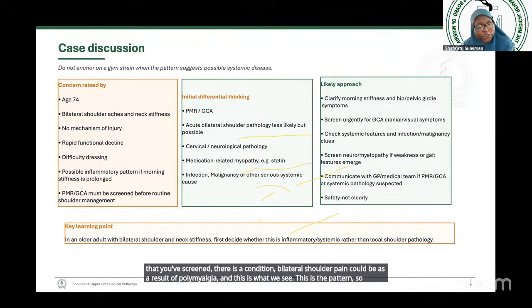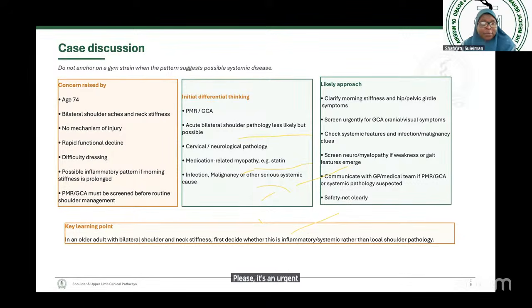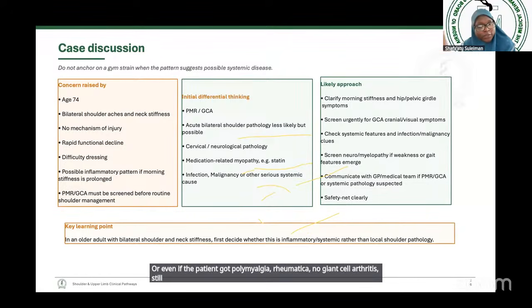If you see such and such, it's an urgent review by the medical team, do come back. Even if the patient has polymyalgia rheumatica without giant cell arteritis, you still have to safety net for giant cell arteritis. If you see this and this, it's another emergency, just come back as soon as you can.